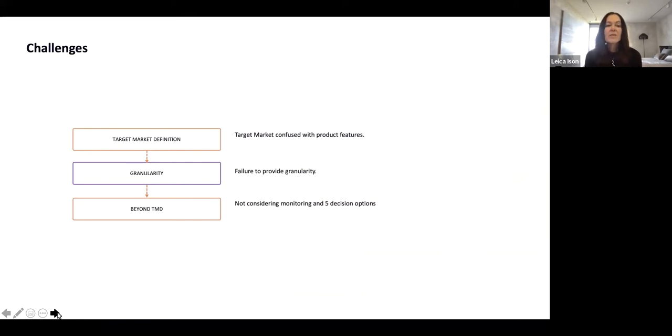Now, this leads me on just to reflect on some of the challenges that we're seeing out there as product teams and also risk teams start to work through their product portfolios. Some of the challenges we're seeing in setting up that product governance, but particularly around the target market determinations.